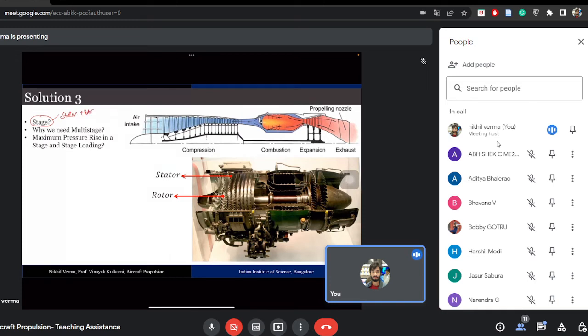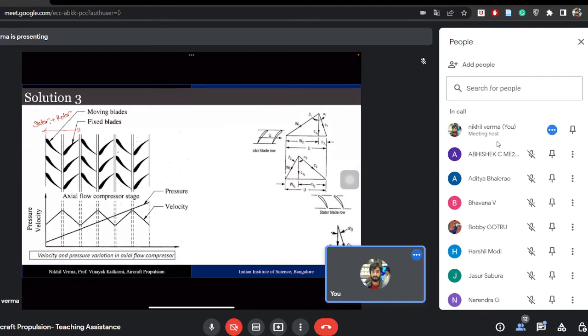So why do we need a multi-stage? This is something important. Basically, if you try to compress, say, a delta P of 50 bar in a single stage, meaning you only have one stator and one rotor, this will not be possible because of something known as the stage loading factor, which depends on the blade geometry.